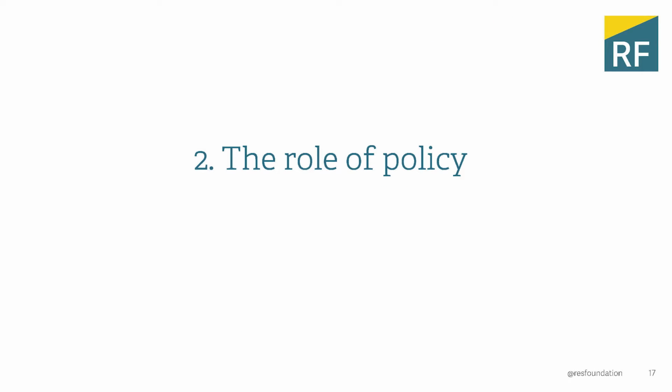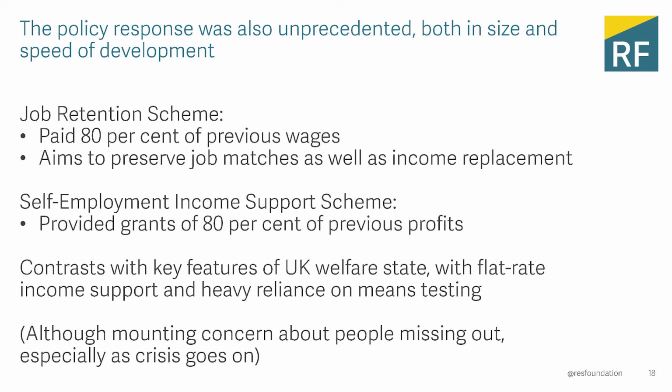And then a few slides on policy. Again, this is the time to bring out all of your superlatives, but the policy response from the government to this massive economic shock were some unprecedented support schemes, unprecedented both in their size, but also in the speed of development, invented in a couple of weeks last March.